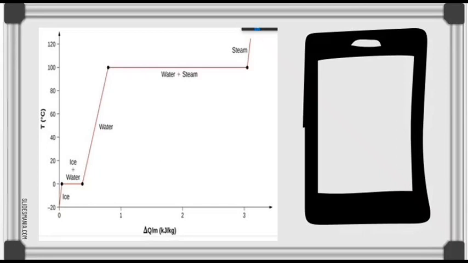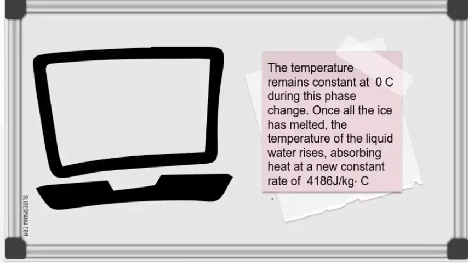So when all the liquid has become steam, the temperature rises again, absorbing heat at a rate of 2020 joules per kilogram degree Celsius. So if we started with steam and cooled it to make it condense into liquid water and freezing to ice, the process would exactly reverse, with the temperature again constant during each phase transition.